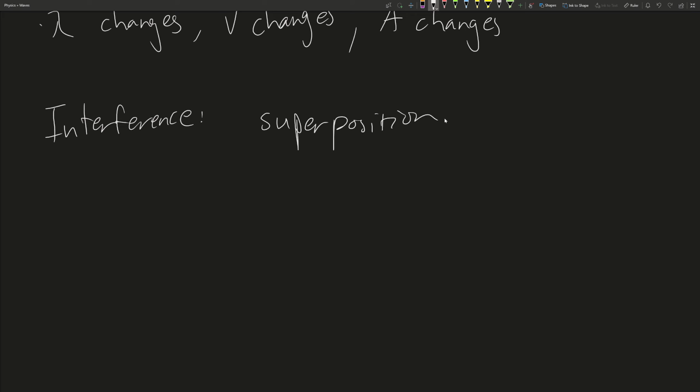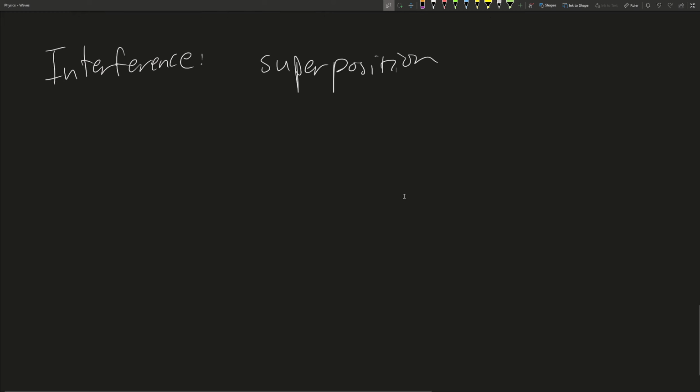It's just everywhere. But in this case, we're talking about superposition in that the effects of waves are additive. So the independent effects are additive, which means that you can consider the effects independently and just add them together in the end. What does that mean?